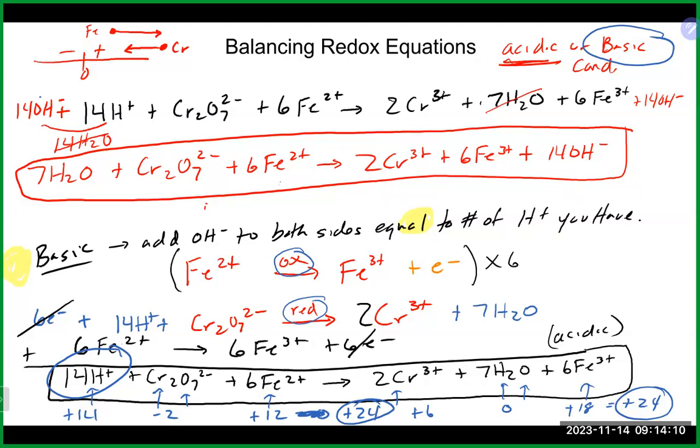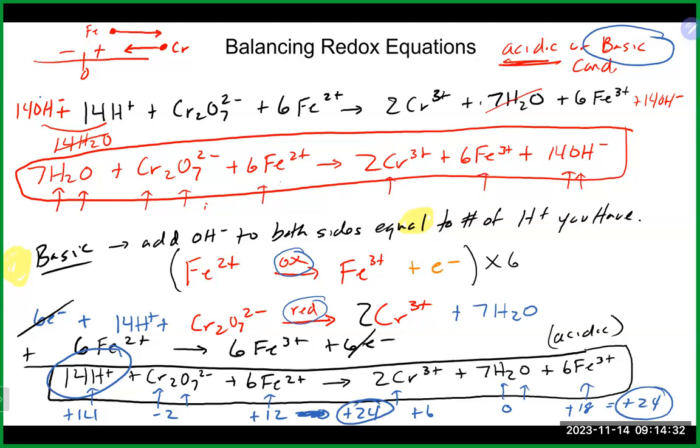And it should still be balanced both ways. So once again, if we take a look, I got 14 hydrogens there, 14 over here. I got 7 oxygens there, and 7 more is 14, so 14 oxygens. I got 2 Cr on the left, 2 on the right, 6 irons on the left, 6 on the right.